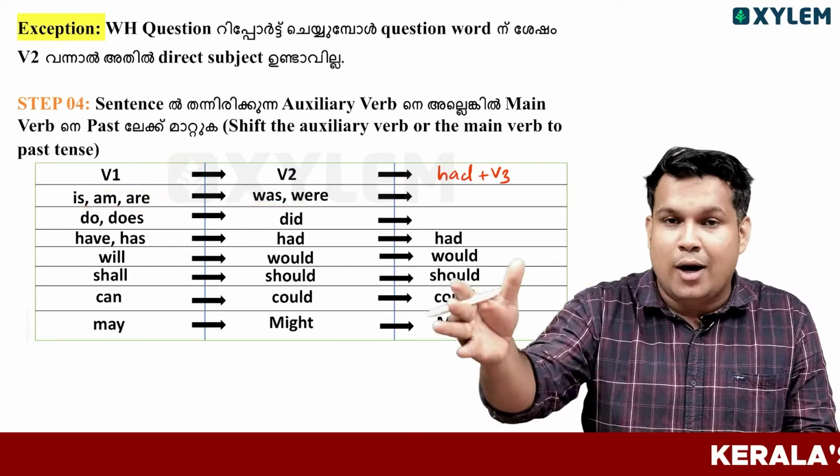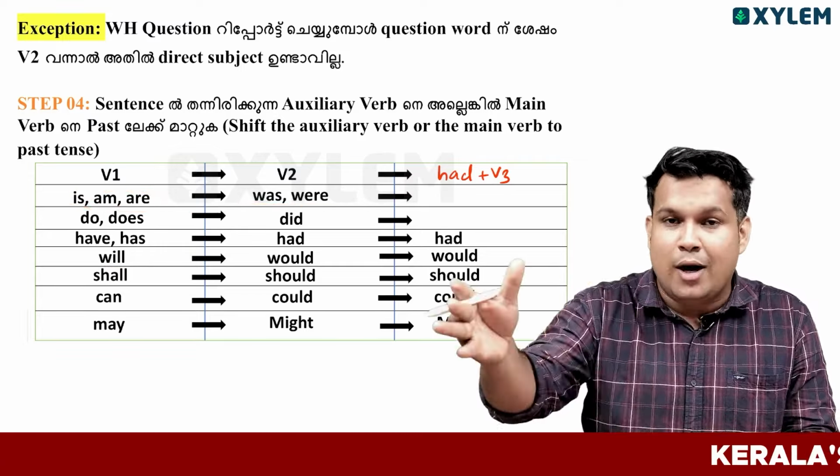What about was, were? For example, I was reading a book will be converted into he had been reading a book, which means was and were will be converted into had been. And do and does will be converted into did, and did will be converted into had plus V3.